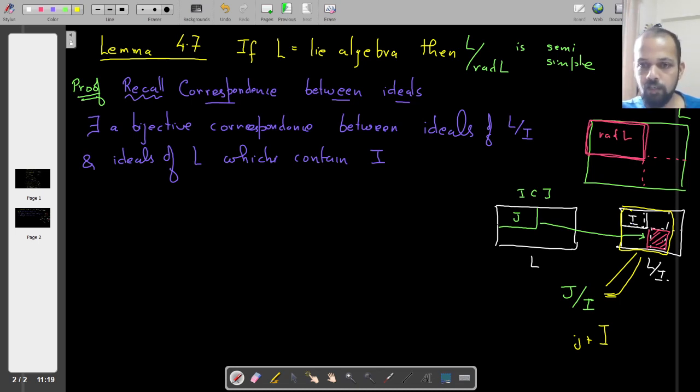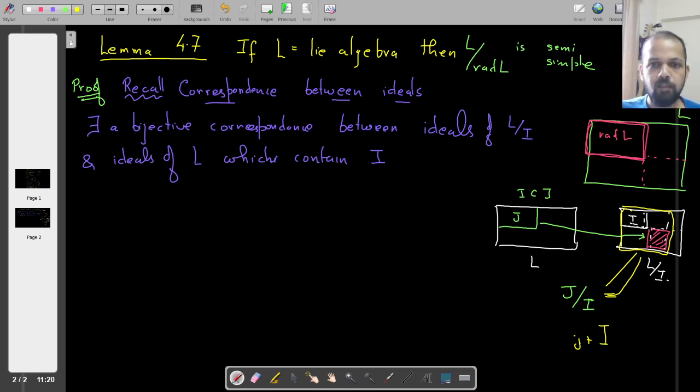So there is an ideal J containing I, and when you look at J by I, you look at all those elements inside L by I which are of the form something from J plus I. If J is equal to I, then J by I will always give you I, so the ideal has only one element.